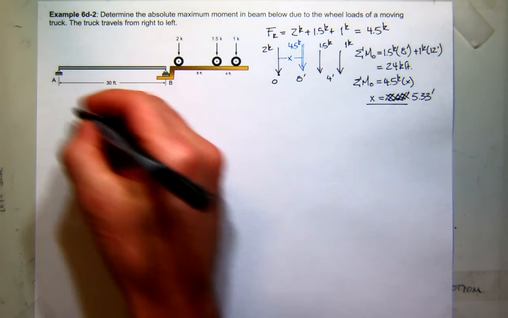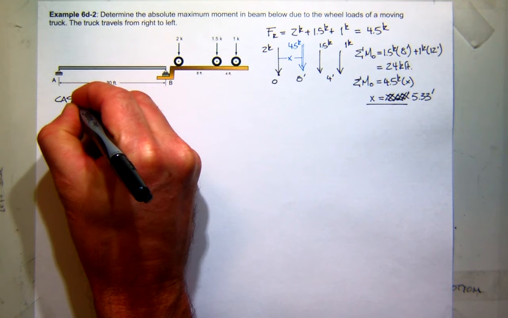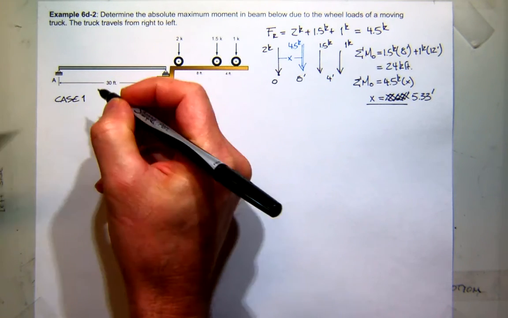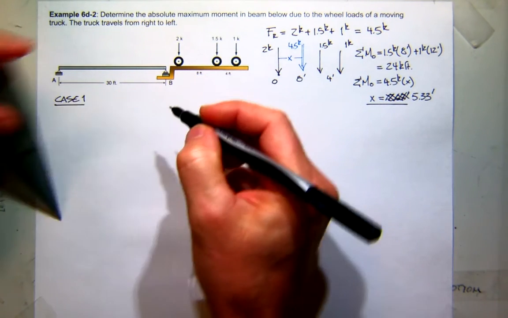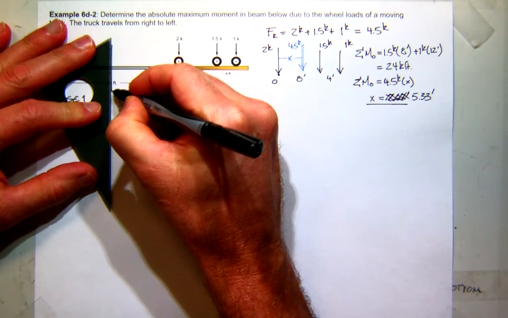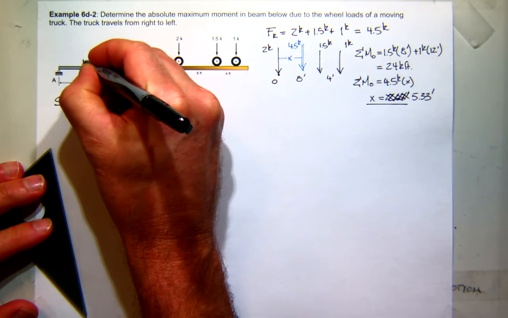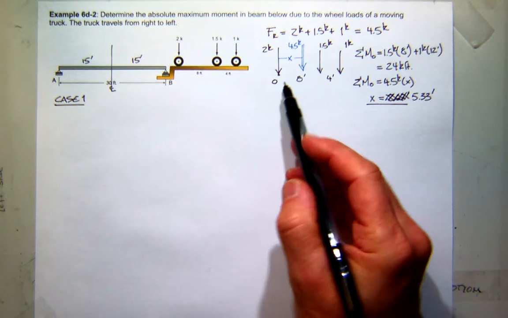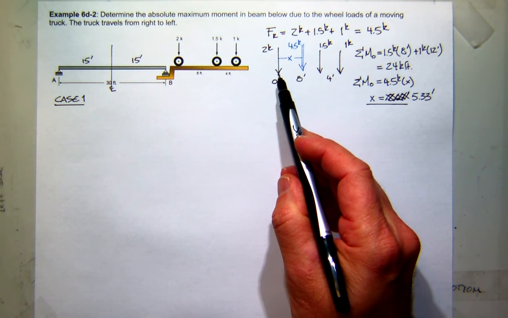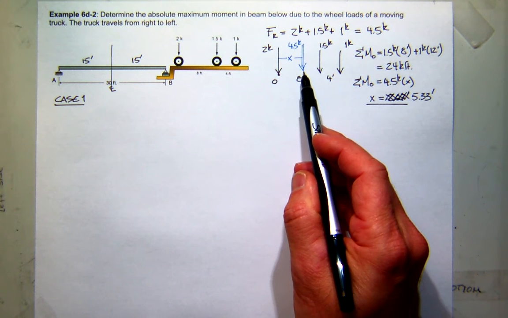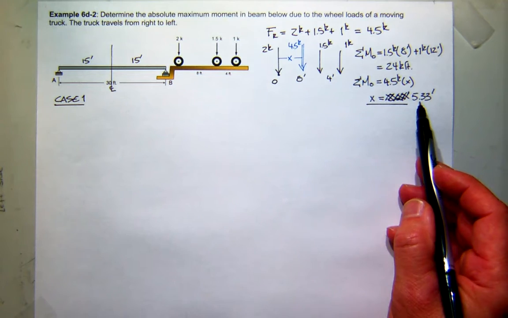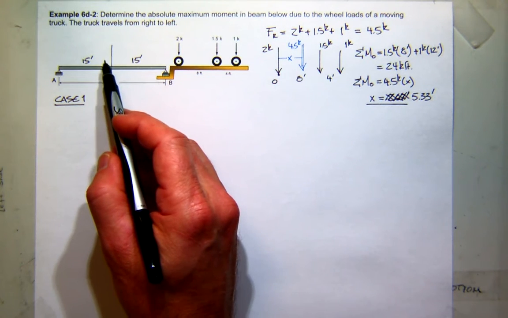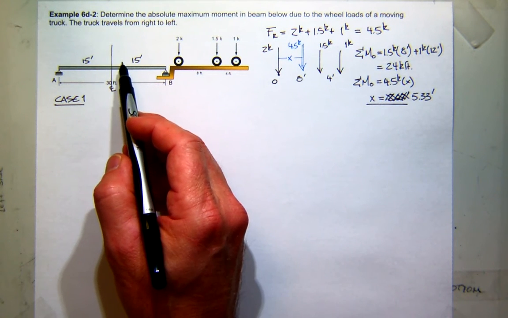Okay, so case 1 is what? Well, about my center line, so I'll just remind you that the center line for this structure would divide it into 2 15-foot segments. So for case 1, we're going to take the front load, which is the 2 kip, and the resultant force, which are separated by a distance x apart, and space them equidistant about the center line.